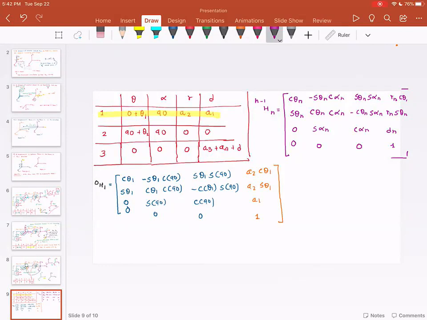And you can just write this equation: 0H1 is equal to cosine theta 1, sine theta 1, 0, 0. Cosine of 90 degrees is 0, so you get 0. Sine of 90 degrees is 1, so you get sine theta, and here it becomes minus cosine theta 1.